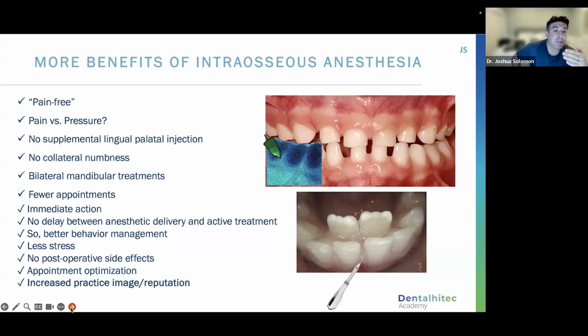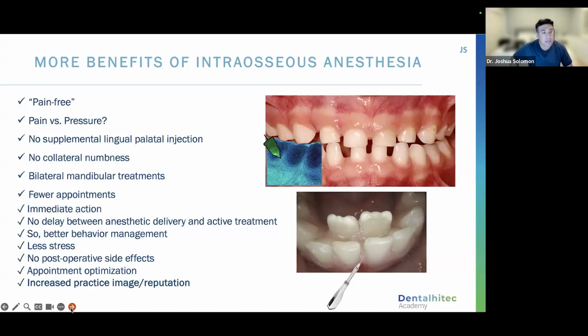If you just follow some basic, simple rules about fulcruming and positioning, and we'll show you all of that, you can pretty much guarantee without a shadow of a doubt that a very small percentage of your patients are going to have any sensation at all. We do need to remember that in the cancellous bone, there are nociceptors for pressure. So once in a while, I'll see patients squirm a little bit and they're feeling pressure, but they're not feeling pain. And that's an important concept to understand.